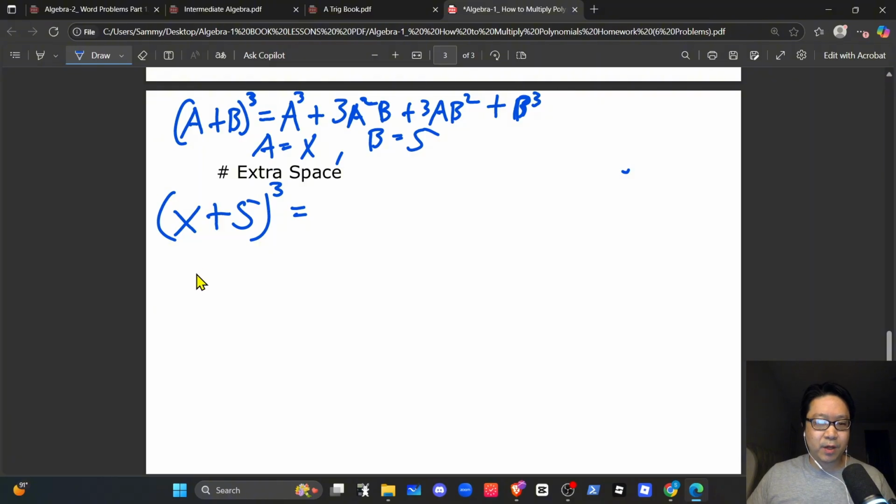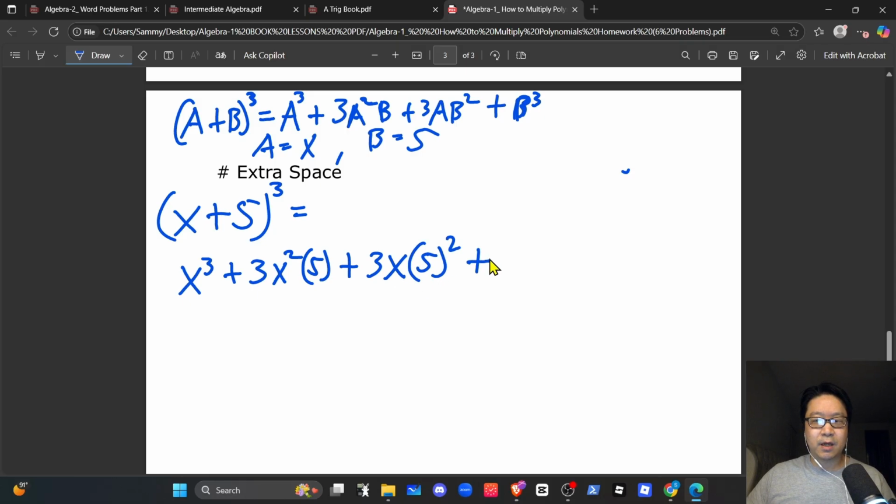So a cubed is going to be x cubed plus 3 times a, which is x, so 3x squared times b, which is 5, plus 3ab squared, sorry, 3ab squared. So that would be 3x times b, which is 5 squared. And lastly, plus b cubed. So b is 5. 5 cubed is 125.